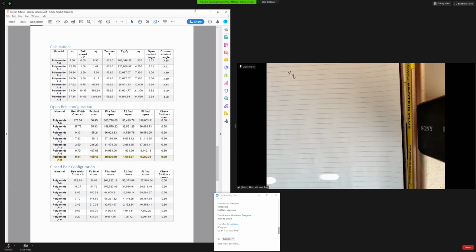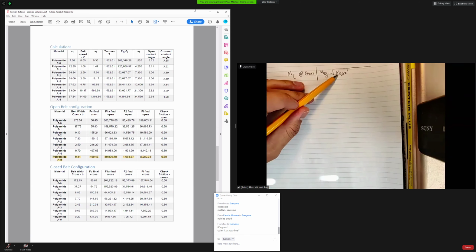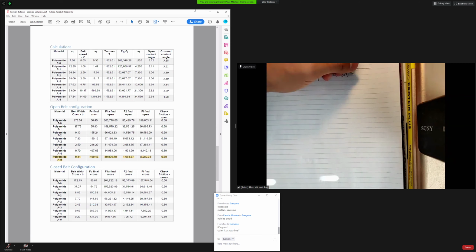MQ, which we decided was bending moment, MQ at gears. So if we have X and Y, we can put it together into a total by squaring it, and taking the root. I'm going to write it as MQG, MQ at G, which was the square root of MQGX squared, so the moment at the gear in the X direction, plus MQGY squared.